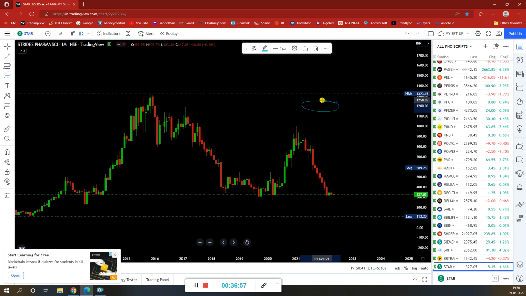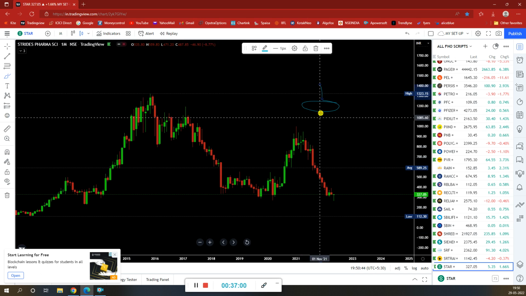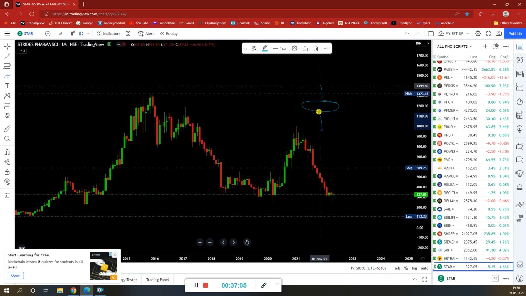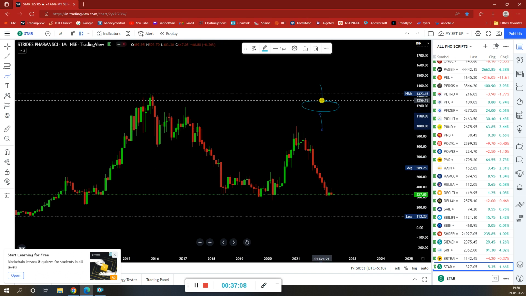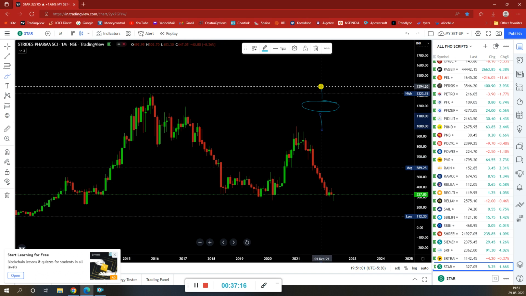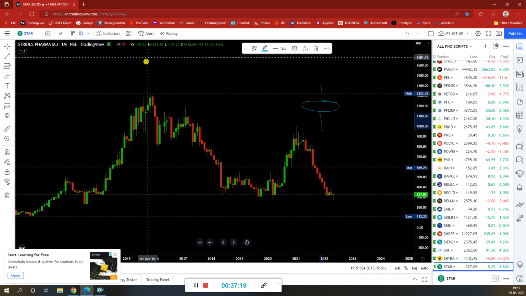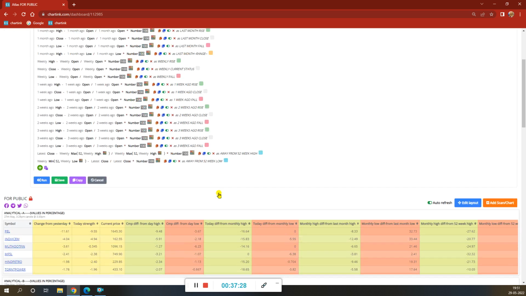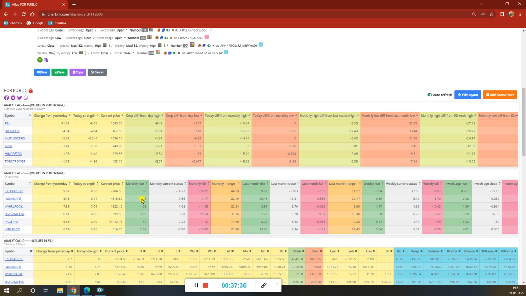Now it goes up and it goes down, that's how the market trades. Let's assume this is the monthly candle. We would like to see after opening, let's say if some stock opens at 1256, how far it went up. That's the logic applicable here. Monthly rise means by what percentage this stock went up after opening on the monthly candle.